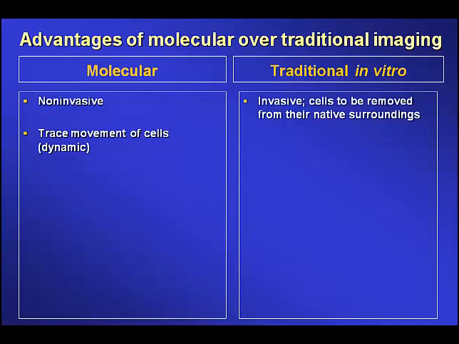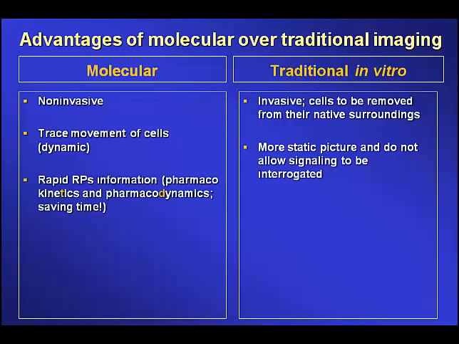It will trace movement of cells, while traditional in vitro, in the opposite, will give us a static image, and we cannot interrogate any process or the signaling process. In molecular imaging, it can give us rapid pharmacokinetics and rapid pharmacodynamics, meaning that molecular imaging will save time.